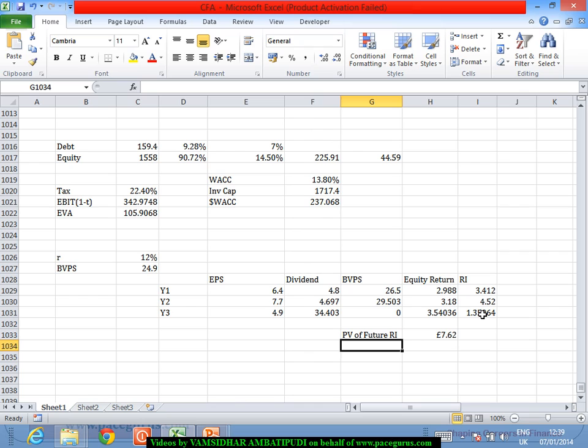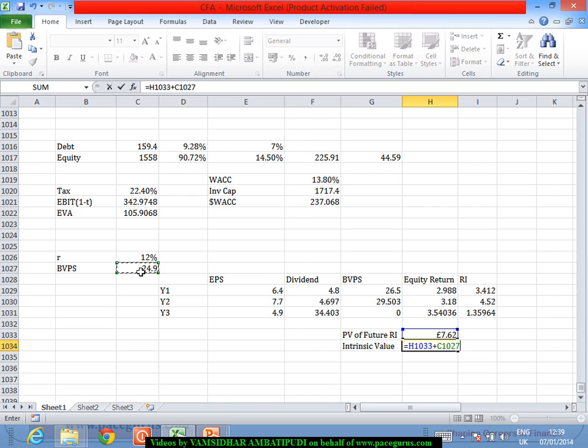So this I will add up to the current book value, and I say the intrinsic value in this case is the present value of the future RIs plus the current book value. So whatever is the addition that is coming is only to the extent of $7.6, whereas 24.9 is already the currently existing book value.